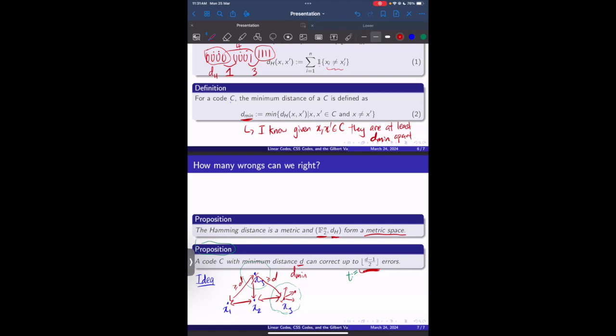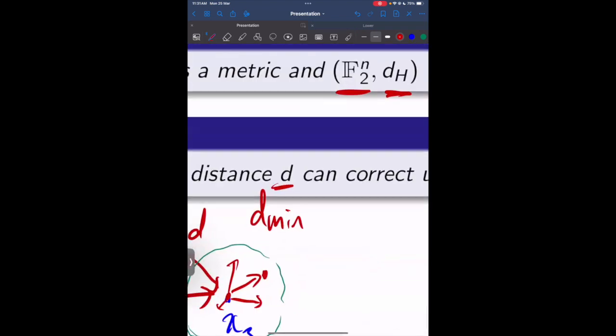So if I'm the recipient, all I need to do is, when I receive a word, ask: what is the center of the t-ball that this word belongs to? Let's say I get this word, I just ask who it belongs to.